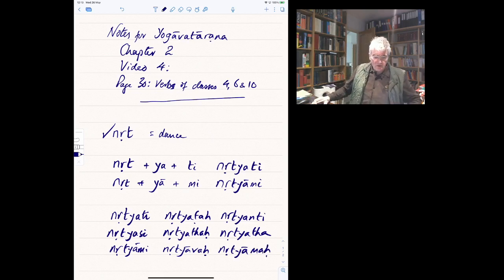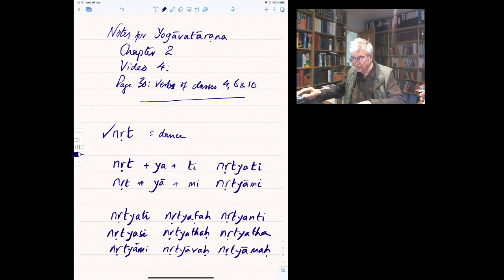Excuse me. So you'll see that these actually are exactly the same endings as the verbs we've just done, the first class verbs, pat and so on. The only difference being that this y is added after the root.